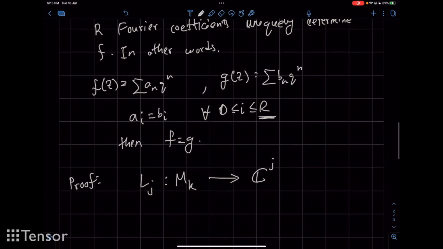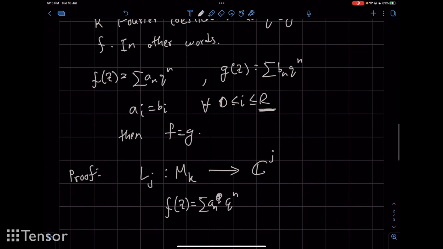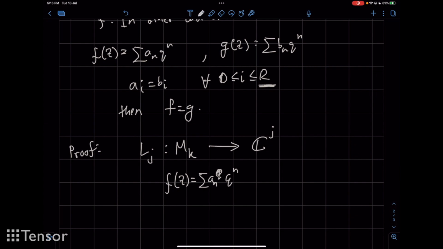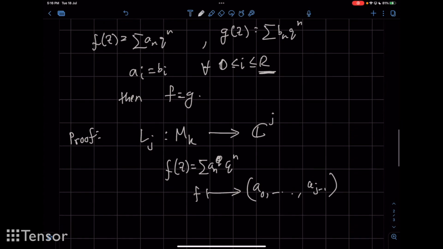It takes a modular form f, which can be written as the sum of a_n q^n, and maps f to the j-tuple given by a_0 up to a_{j-1}. And you can easily check that this is a linear map.